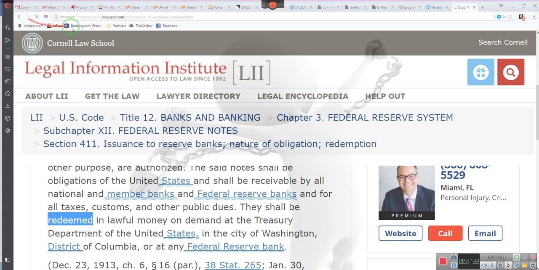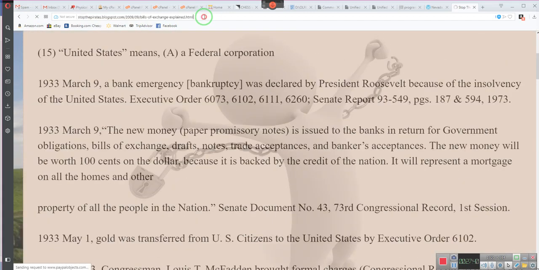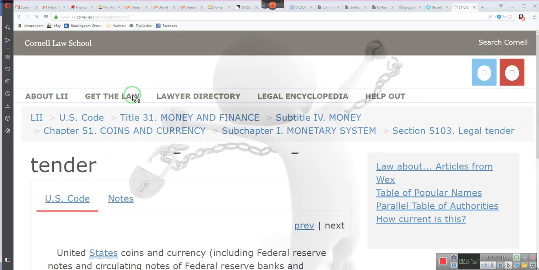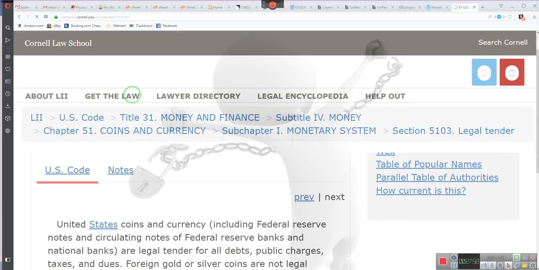We're going to go to, because I want that Chapter 8 thing to pop up on my screen in the future. Come on now. Okay, legal tender. Uh-oh. United States currency.